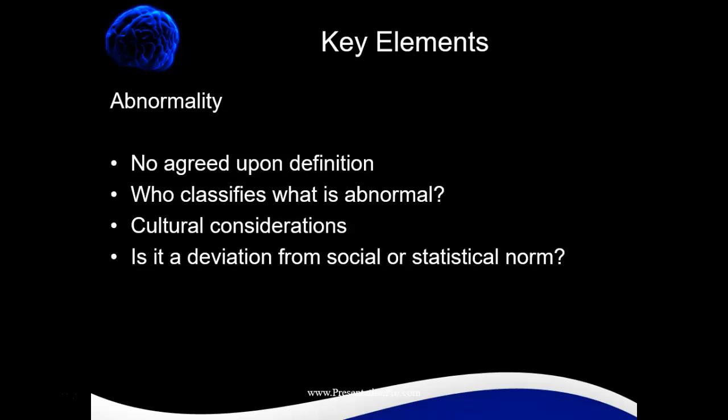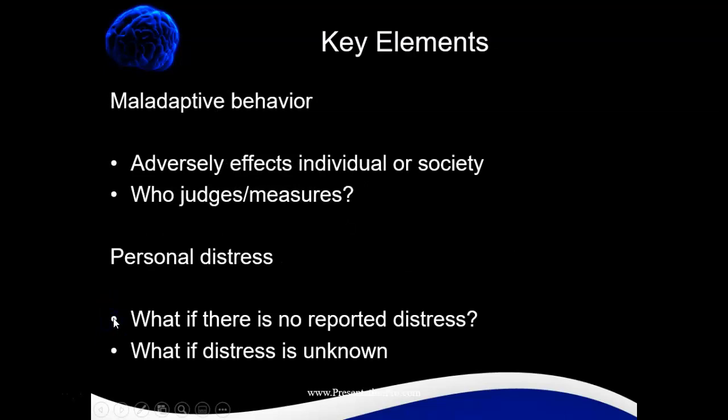In basic definition form, it is a deviation from social or statistical norms. But is it? This is something I want you to think critically about as you move along in this course and your understanding of mental health and mental disorders. Key elements of abnormality are maladaptive behaviors, which are behaviors that do not serve a person well or serve a person's well-being.